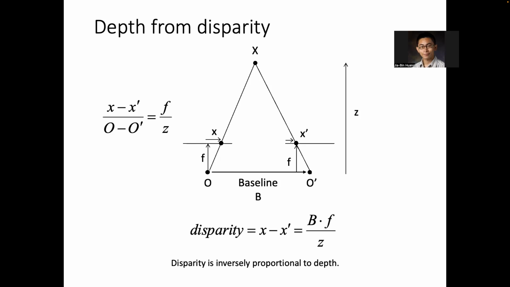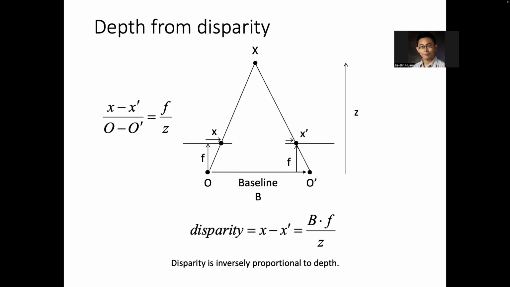Then the depth is just the baseline times the focal length divided by the disparity. Then I get a measurement of the depth. So that's the fundamental principle of this.